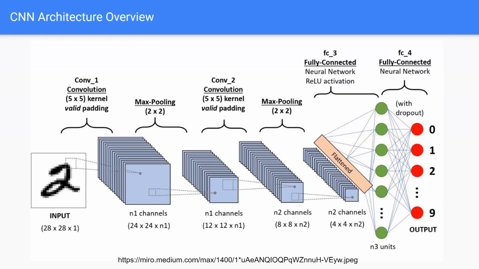Now let's take a look at the CNN architecture. This picture might seem a bit busy right now. It's got a lot of information, but don't worry, we'll go into more detail about each particular step in the following slides. This is just to give you a quick overview.